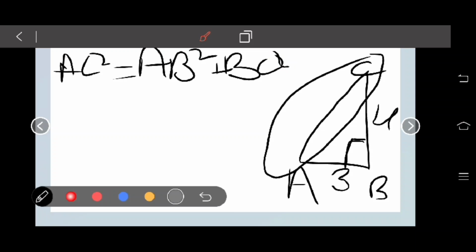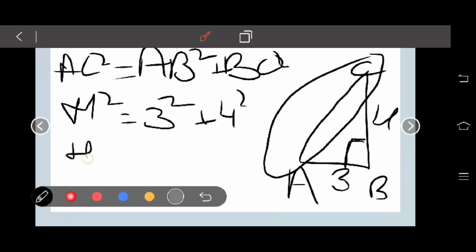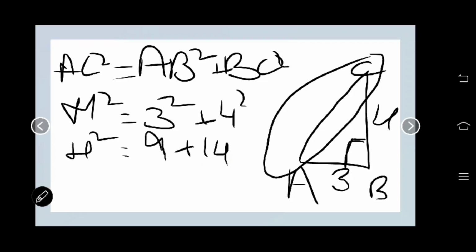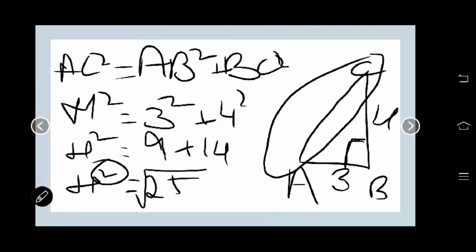Yes. So hypotenuse square is equal to AB square, which means 3 square, plus 4 square, BC square. So hypotenuse square is equal to 9 plus 16, which is 25. When the square goes to the LHS, what does it become? It becomes root. So root 25 equals 5. So the value of this hypotenuse is equal to 5.